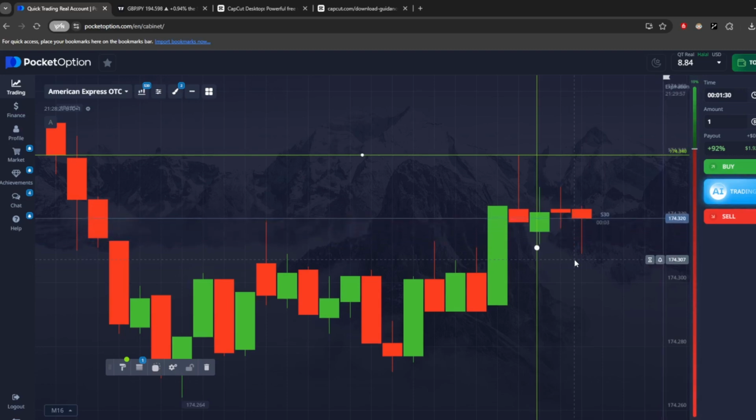All this part will just make you understand how the strategy works. So candle number three.